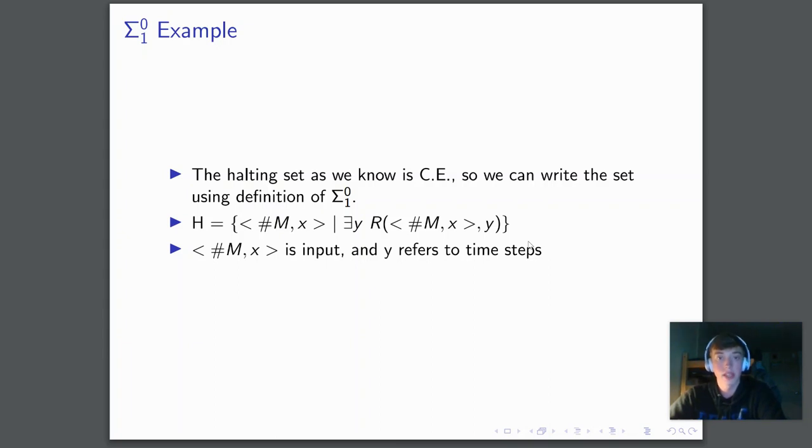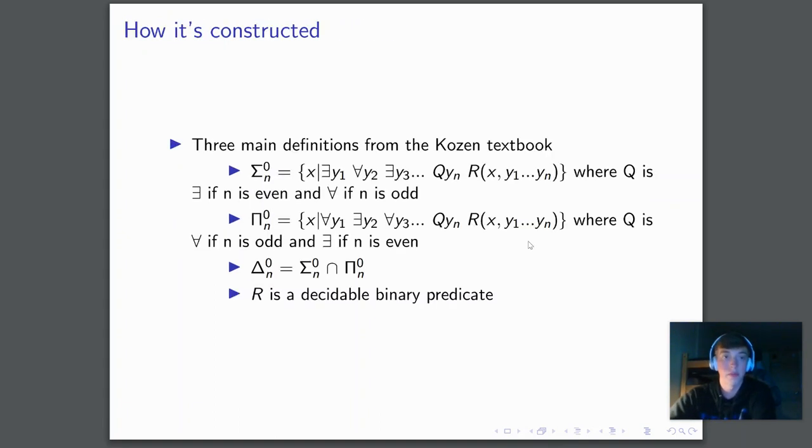Now, the halting set, as we know, is computably enumerable. And we can write this set using the definitions from before for sigma 0n. We can show that the halting set is in sigma 01, which we know to be the computably enumerable sets. So H needs to be defined in the way that we had shown before for sigma 0n.